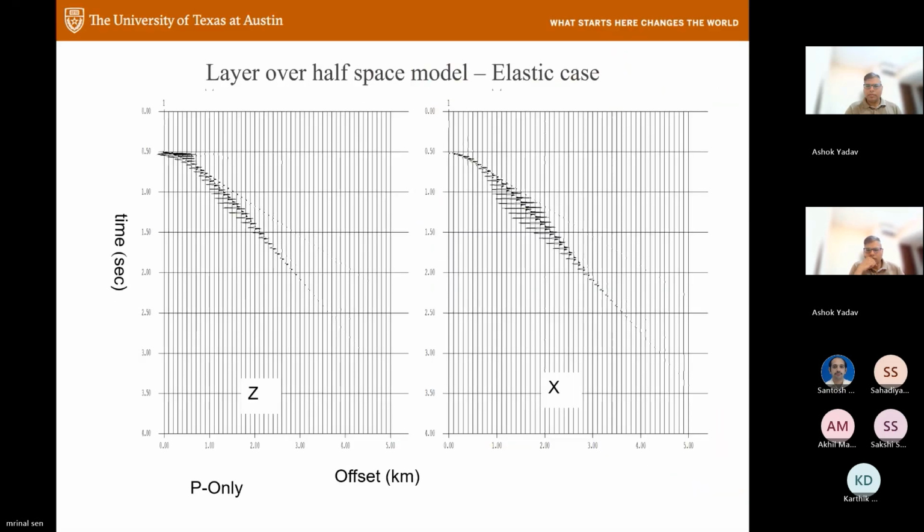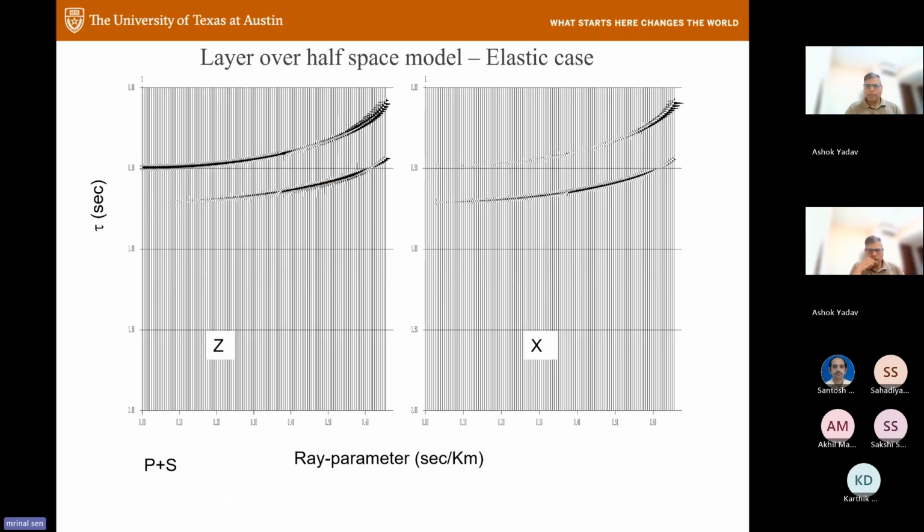And if you just convert it to XT, this is what it looks like. And now if you have shear waves, you can see the P2S conversion is very, very small. P2S conversion is 0 for normal incidence for a P wave, right?